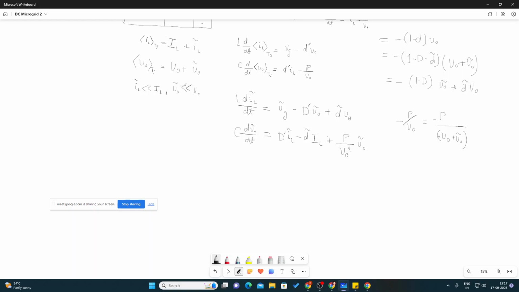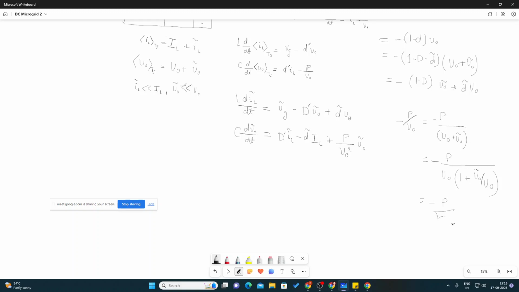Okay, so now this equals minus P by, now you can take the capital V0 out. This can be written as 1 plus V0 tilde by V0, capital V0. Now this is a standard binomial expansion.